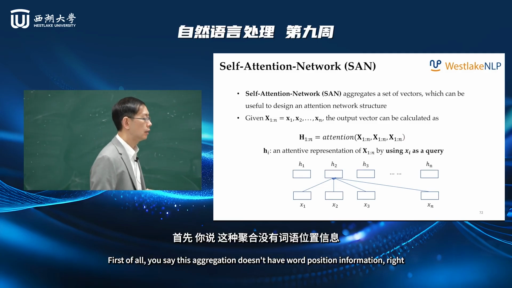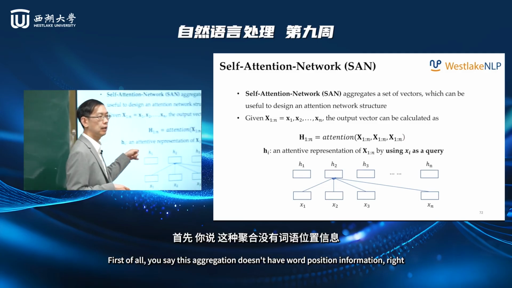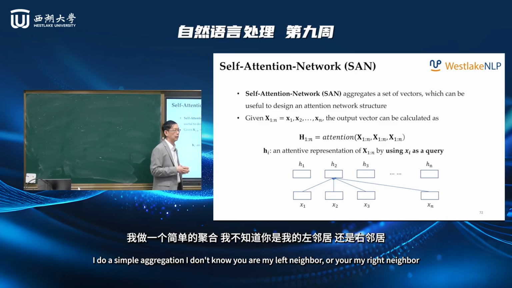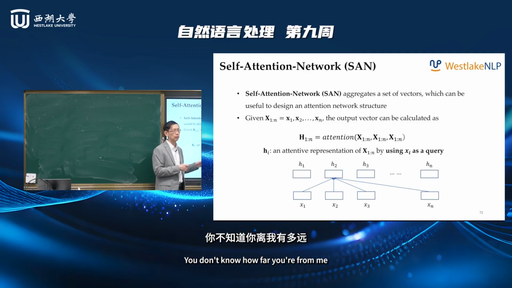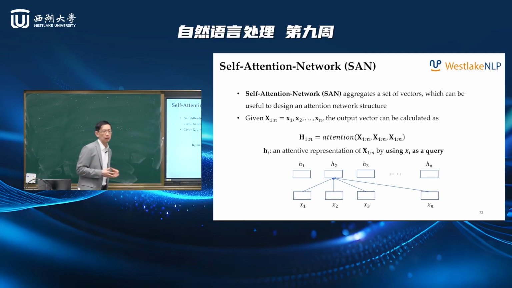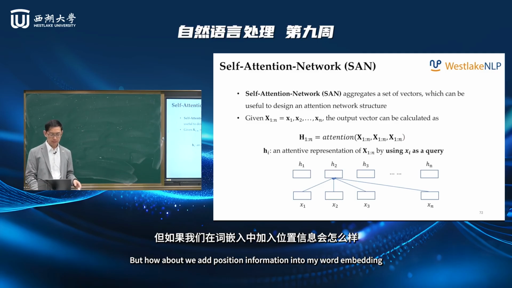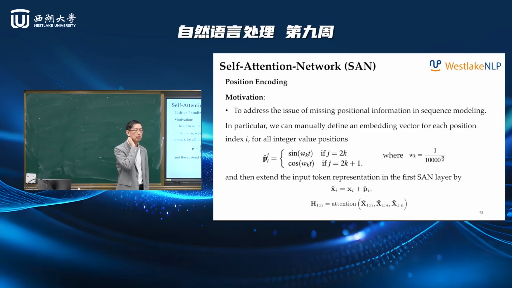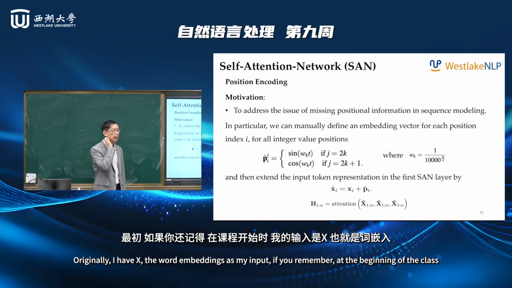First of all, this aggregation doesn't have word position information. I do a simple aggregation. I don't know if you're my left neighbor or my right neighbor. You don't know how far you are from me. But how about we add position information into my word embedding? Originally, I have X, the word embeddings, as my input, if you remember the beginning of the class.